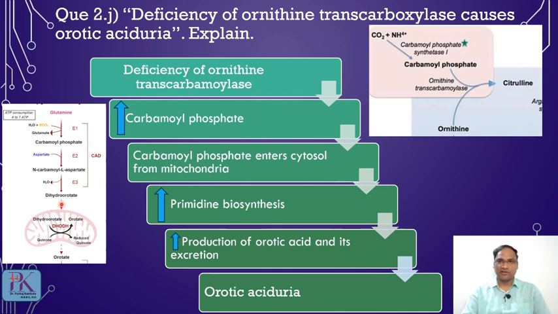This is occurring in the cytosol. Remember this: the urea cycle is occurring in the mitochondria and pyrimidine synthesis is occurring in the cytosol. So this carbamyl phosphate will be channeled for pyrimidine synthesis, and synthesis of pyrimidine will increase. What happens if pyrimidine synthesis is increased? There will be increased production of orotic acid, and its excretion through the urine will be increased.